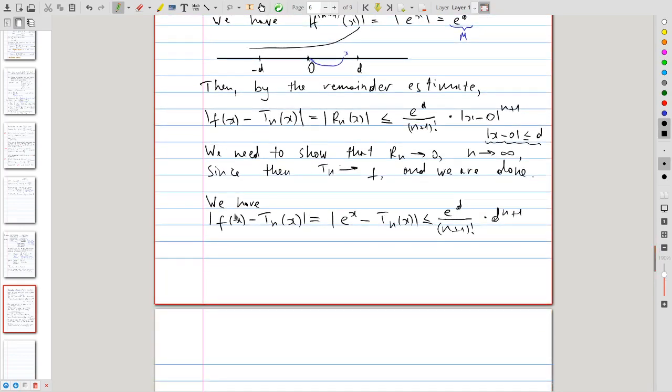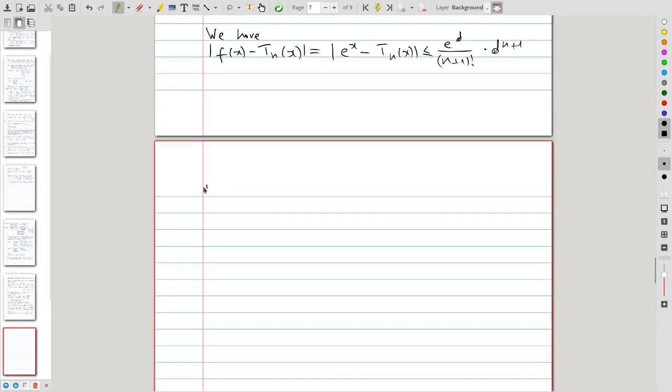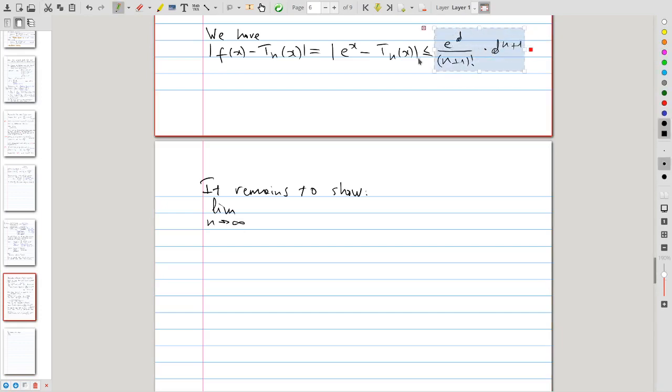And so it remains to show that the limit when n goes to infinity of this expression is 0.